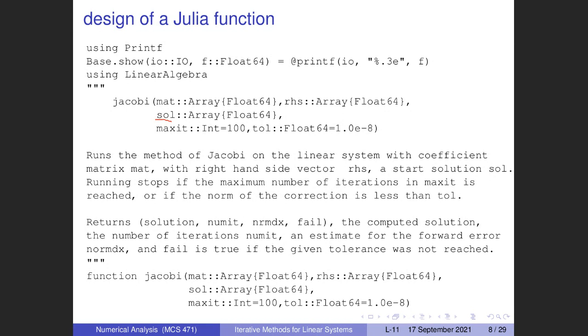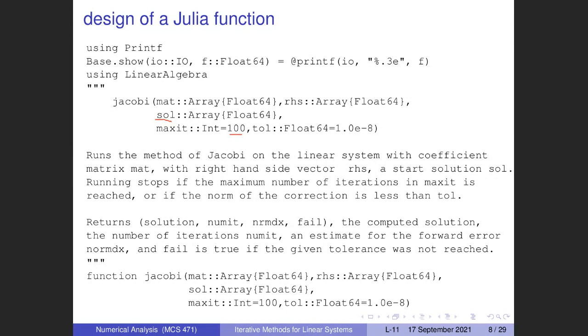We provide default values. So the method may converge, but may converge rather slowly. That's why we have 100 iterations. And the tolerance might be quite high here, 10 to the power minus 8. But we will pick nice examples. So we can construct diagonally dominant matrices. That's what we will do when we test this Jacobi method.